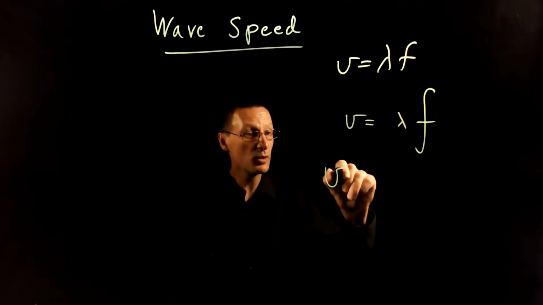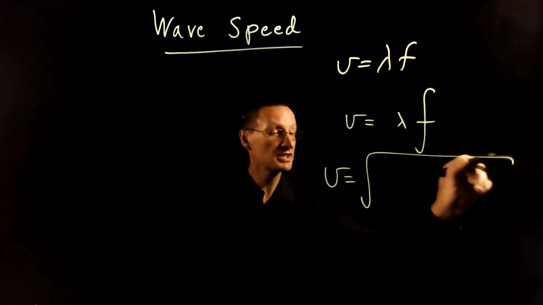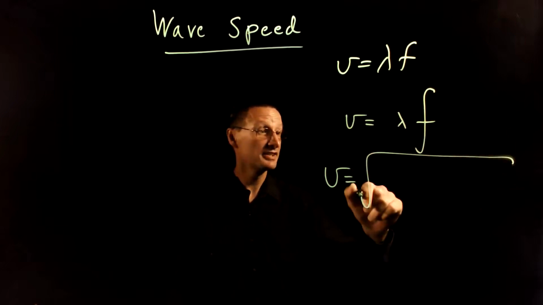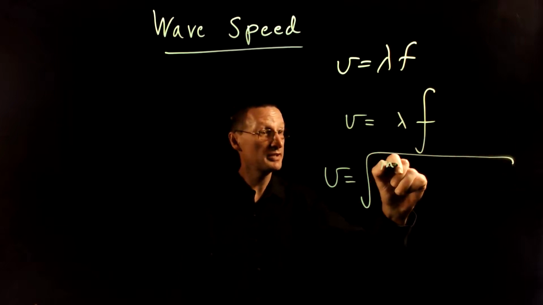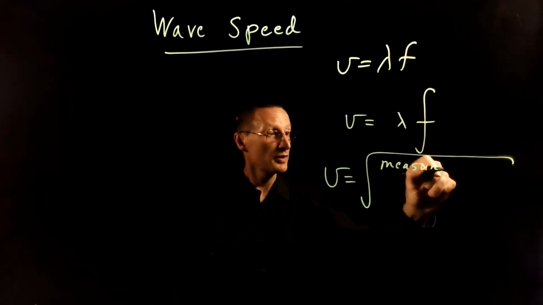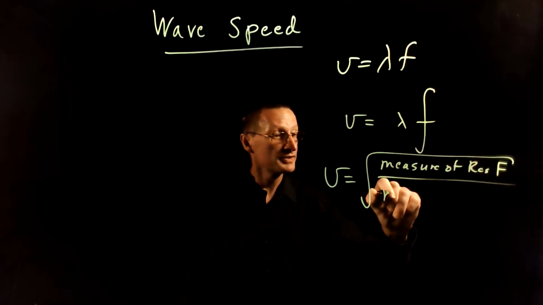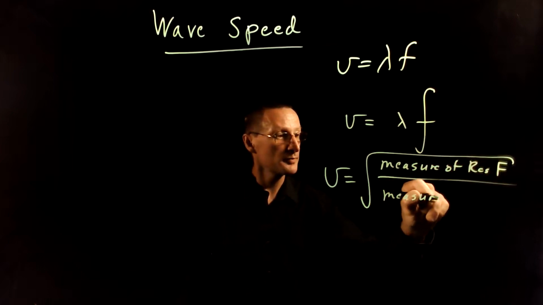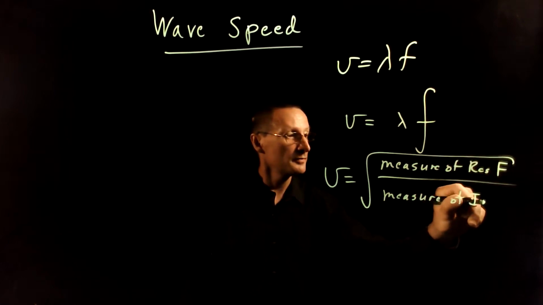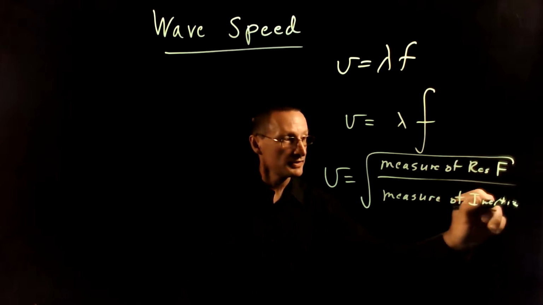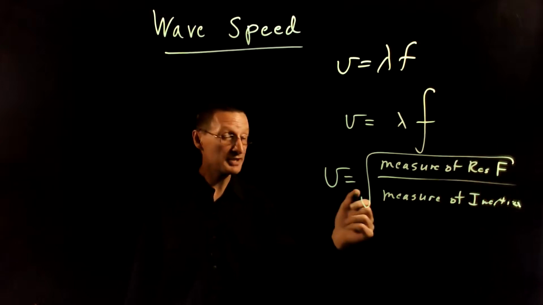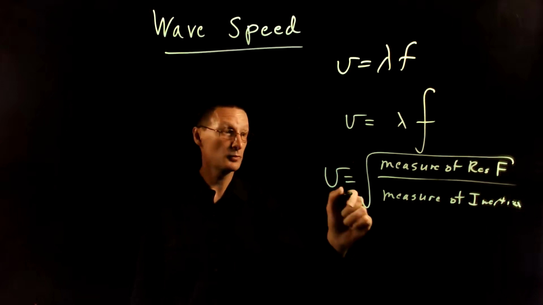What really controls the speed is what we saw with oscillations. That is, it's a square root of some interplay between a measure of restoring force over some measure of inertia. So really, it's the properties of the medium that dictate the wave speed.